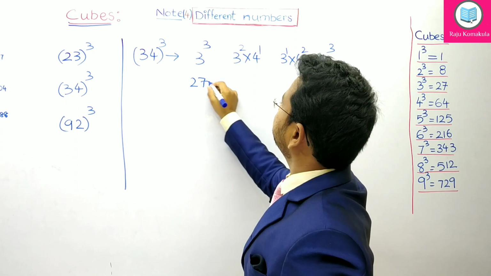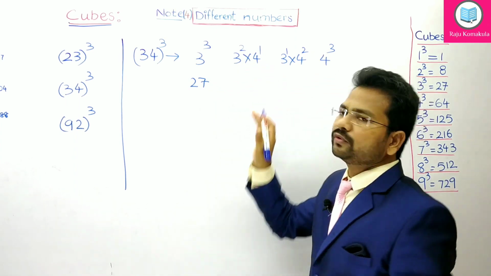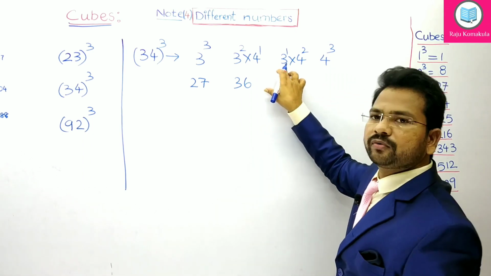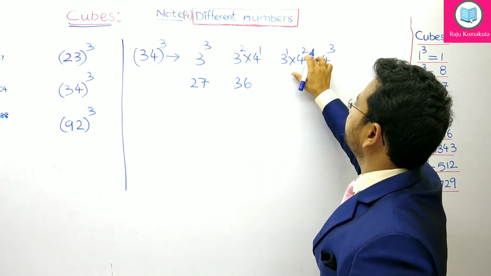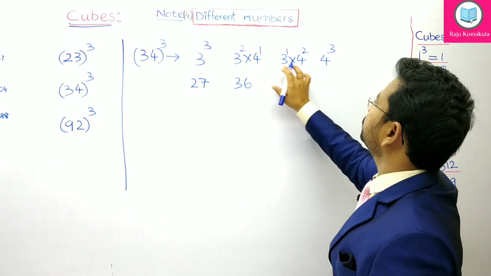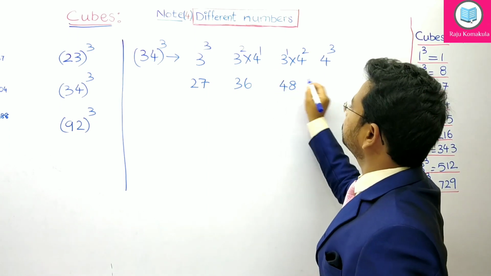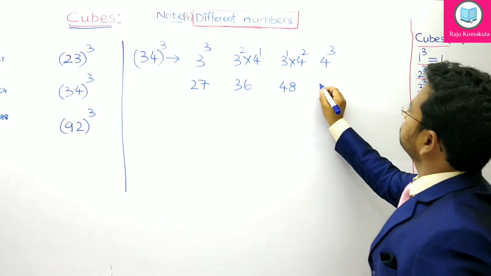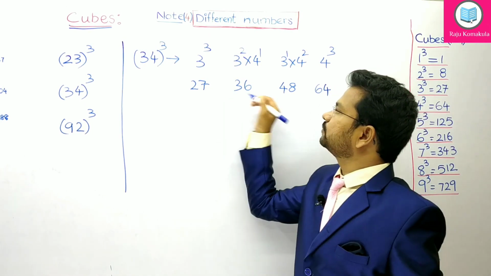I am writing 27. 3 square 9. 9 into 4, that is 36. Okay, so 3 power 1, 3 only. 4 power 2, that is 16. 16 into 3, 48. Okay, now 4 power 3, that is 64. Now we got 4 numbers.